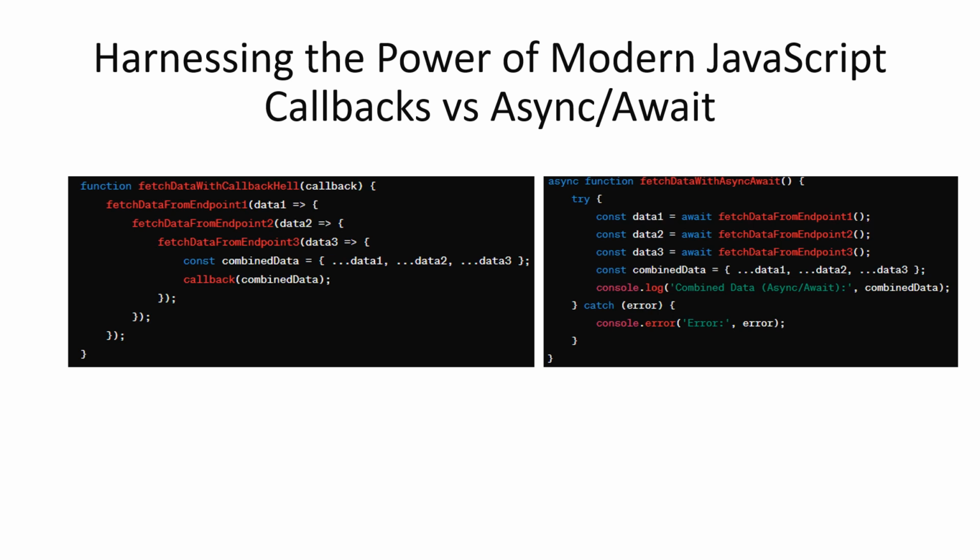You can see that the flow is written in a sequential manner, which is very similar to programming languages like Java. So here, only after the execution of the first function, fetch data from endpoint 1, and its result is obtained, will the program control logic move to the next line and call the fetch data from endpoint 2 function.